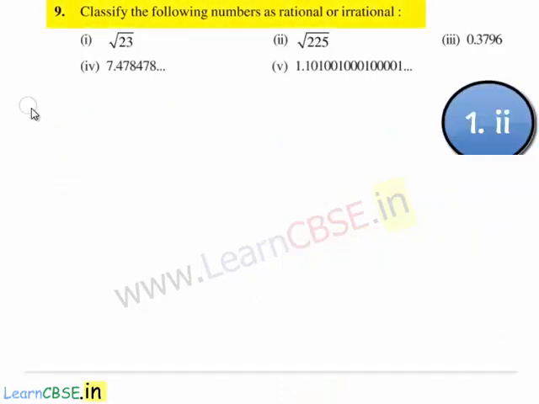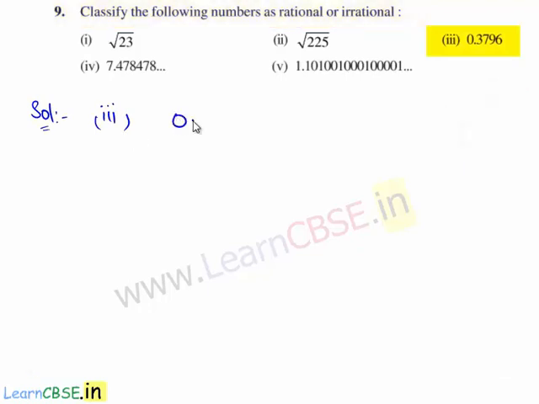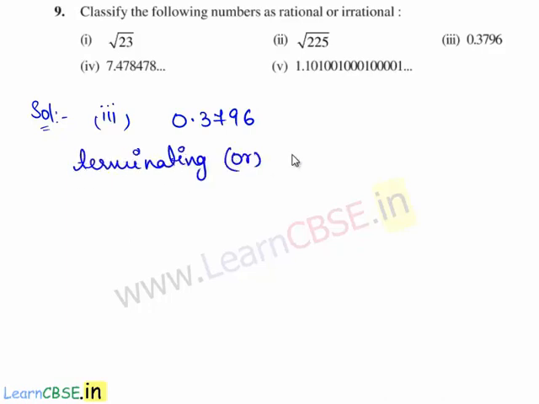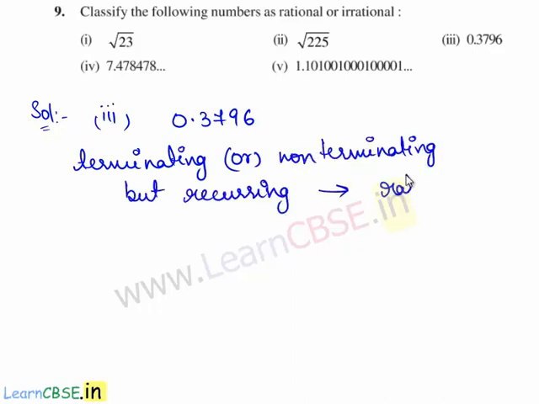Now let us move on to the third bit. Here we need to classify 0.3796 is a rational or an irrational number. A number whose decimal expansion is terminating or non-terminating but recurring is a rational number.